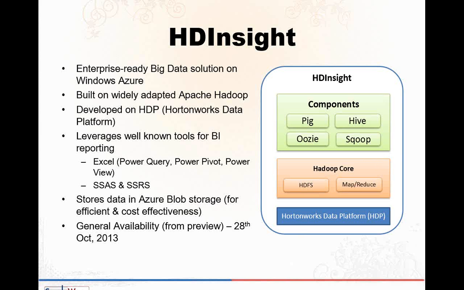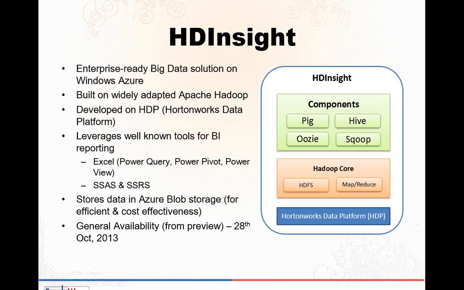Today, the HDInsight data, typically the big data, when we talk about the data, goes in terabytes, which we all are aware. These terabytes of data typically get stored in Windows Azure blob storage.